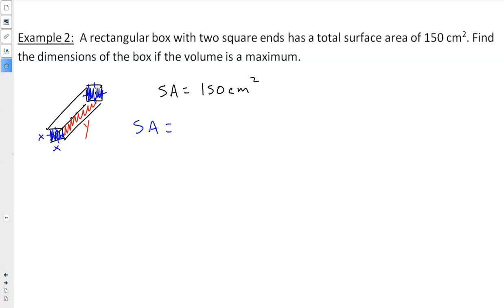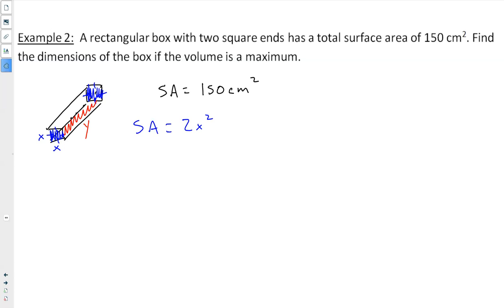Times 4 sides. Okay, so to find the surface area for one of my squares, it would be x times x. Because I have 2 of them, it is going to be 2x squared.